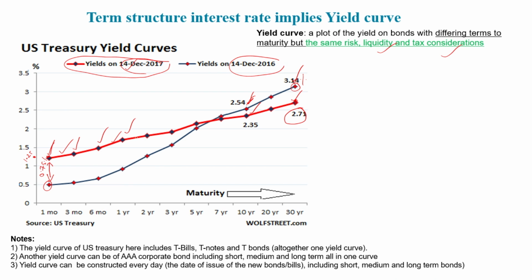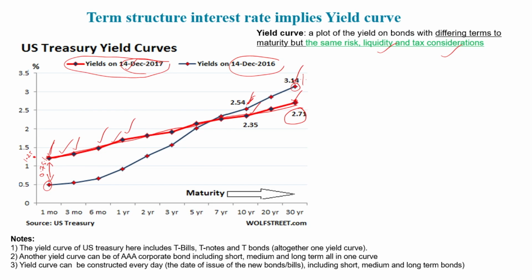So what the more important thing is that when we talk about yield curve, we just think about the one yield curve. For example, this one, which I am mentioning, this red line. This is the yield curve. It is plotted on a particular date. On a particular date, for example, here 14th December 2017, this is the yield curve for US government security.